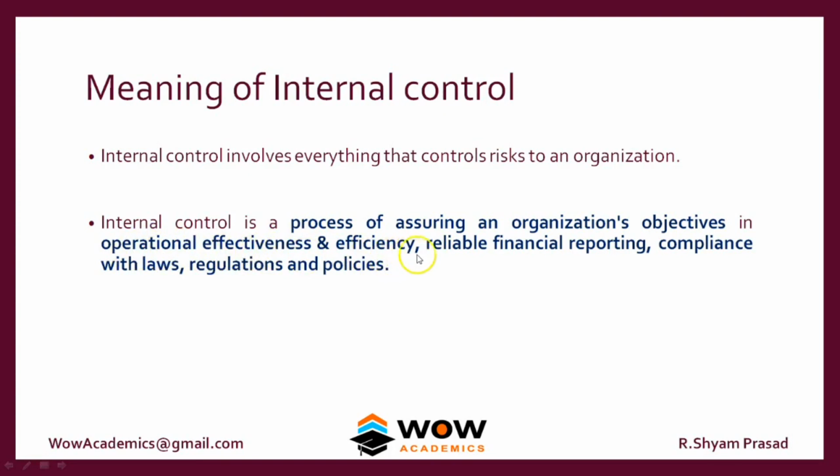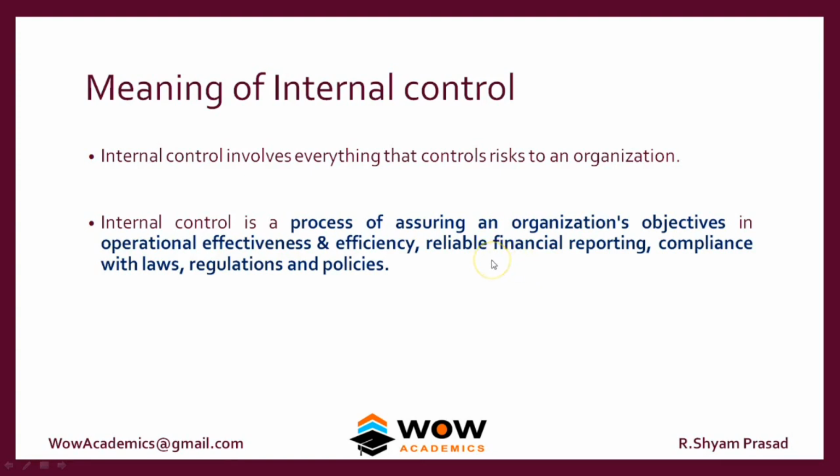When all these records, bills, invoices, and accounting records are properly maintained and all the rules are rigorously followed, that will result in reliable financial reporting, because the sales numbers are more trustable, the purchase numbers are more trustable, the inventory numbers are more trustable, because these records are properly kept and followed by the company.